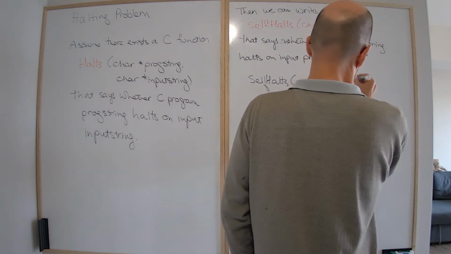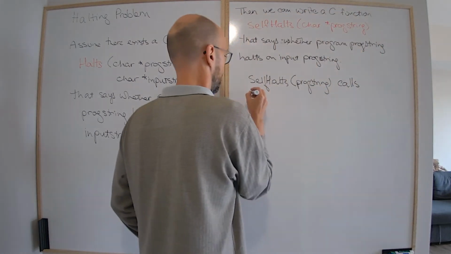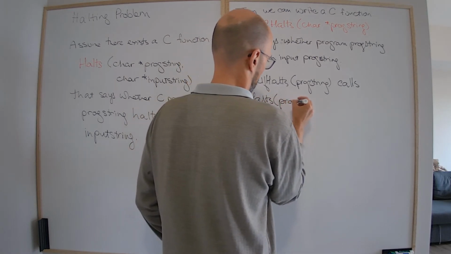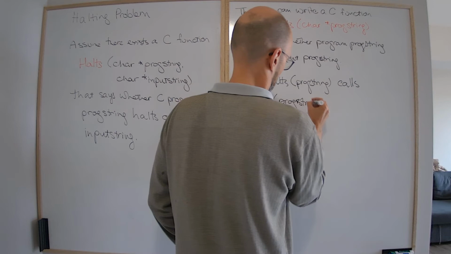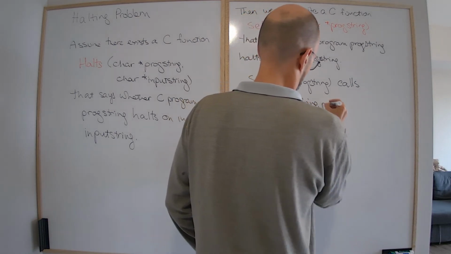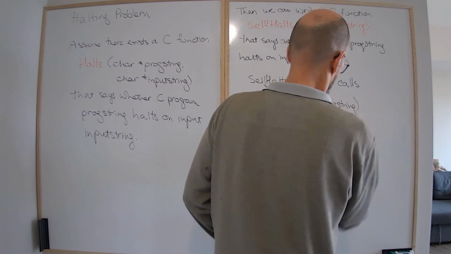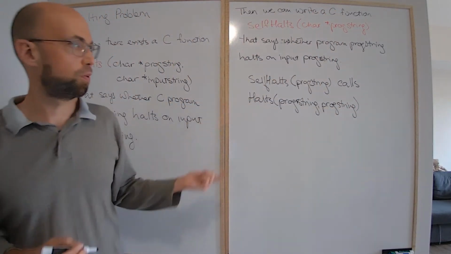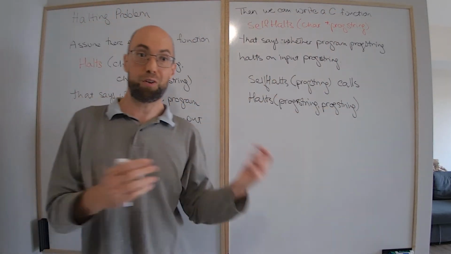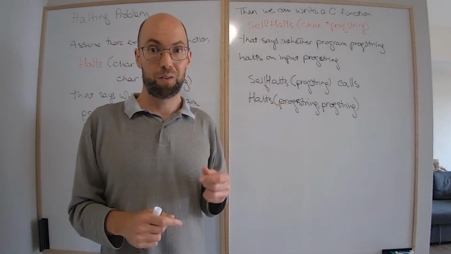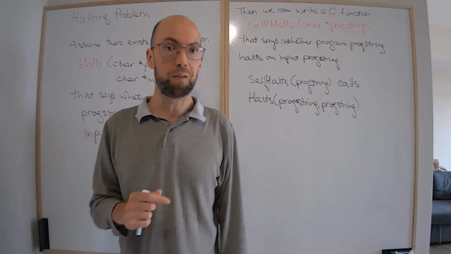So simply, I'll take that bracket out because it gets confusing. It calls halts prog string, prog string. And then if halts prog string says prog string halts on prog string, then self-halts prog string comes back and says yes, it does.